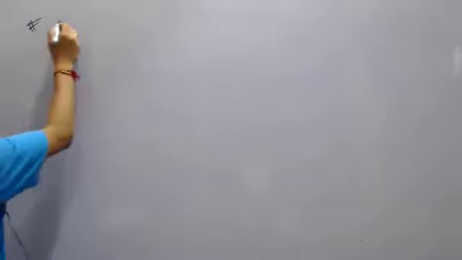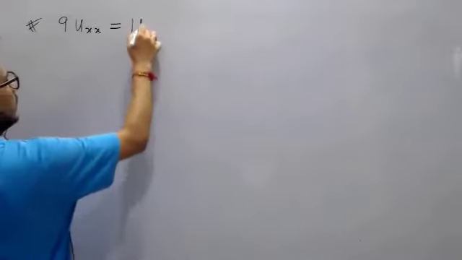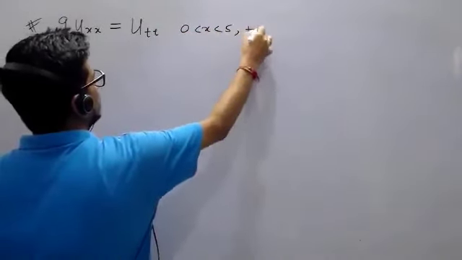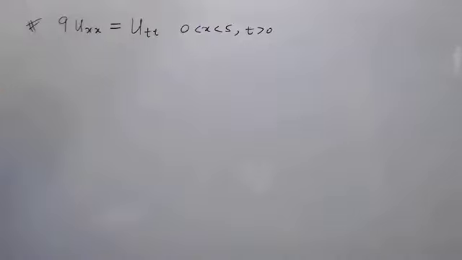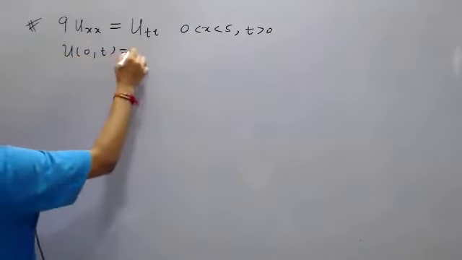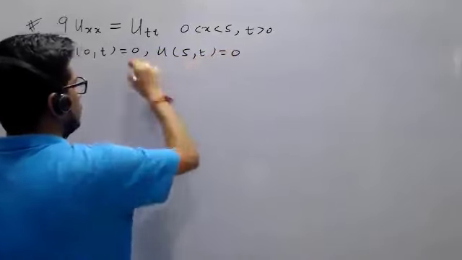Okay. So now let me take another question in which the boundary condition is different. That is 9 u_xx is equal to u_tt, where x is like this and t is greater than 0. The values are u(0, t) is 0 and u(5, t) is also 0.